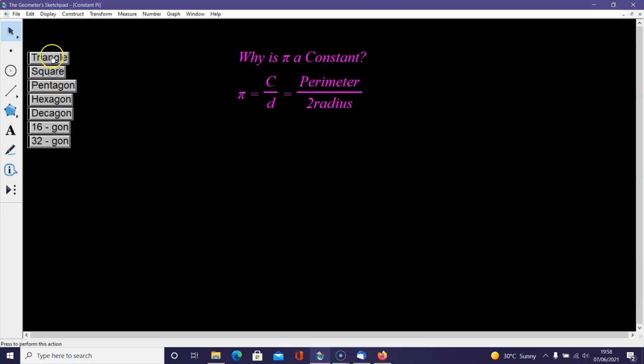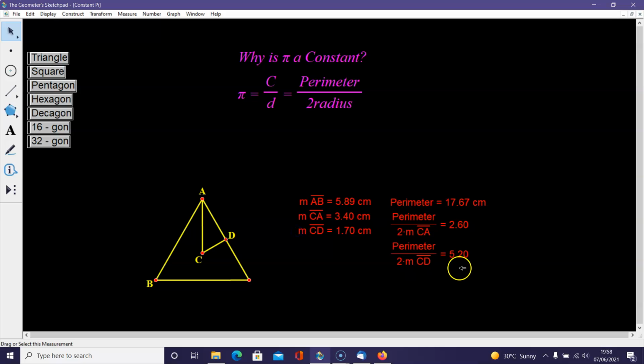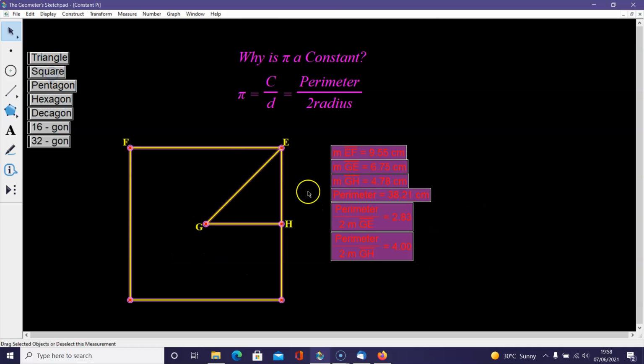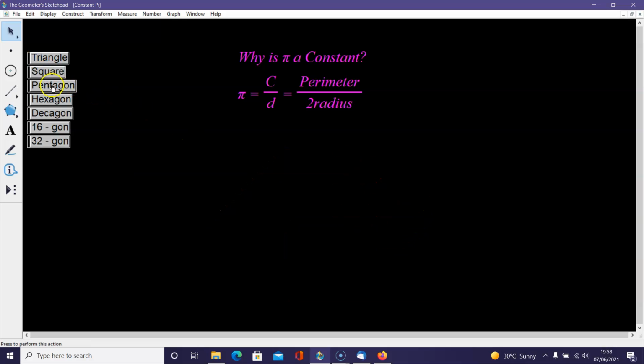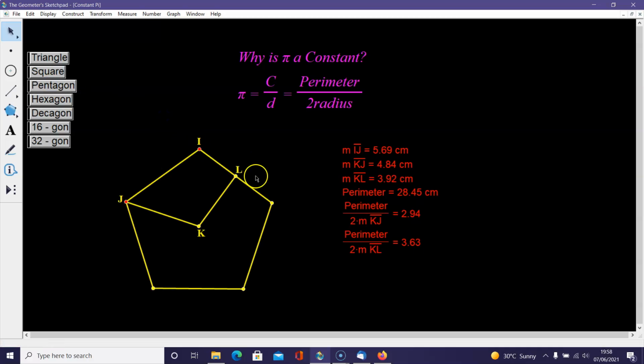But let's go back and look at something. 5.2, 2.6. We're down to 4.0, and we're up from 2.6 to 2.83. Let's go to a pentagon now. And for a pentagon, which is a five-sided figure, I still have this idea of center to side, center to vertex.